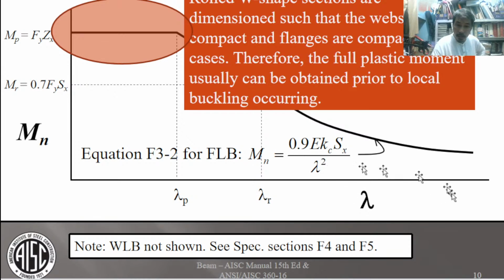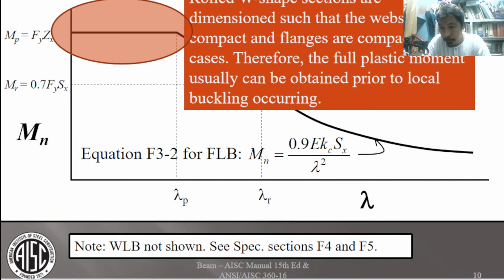So this is the lambda region: lambda R, which is the rupture, then lambda P, which is the plastic. So that's the concept of the third failure mode. Let's go to the next one.